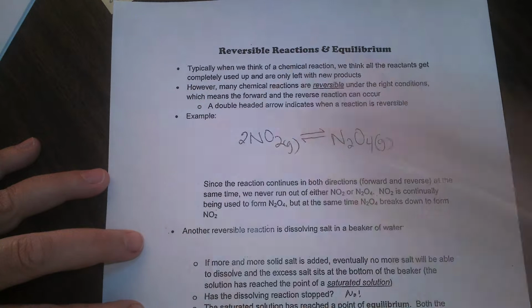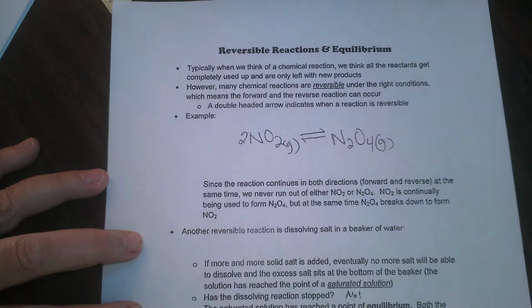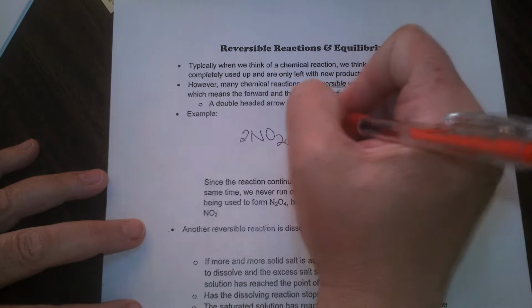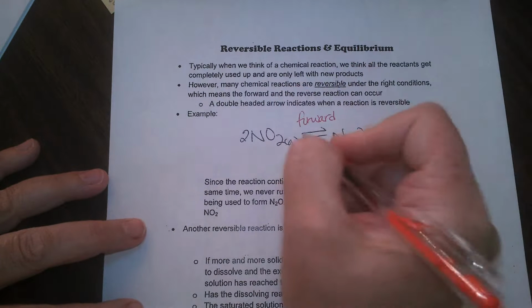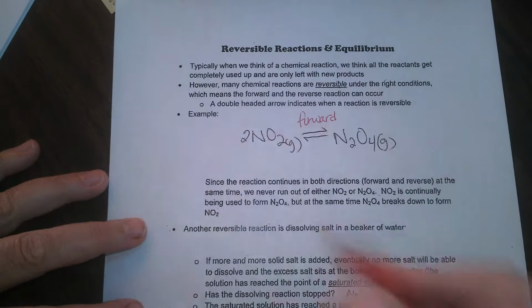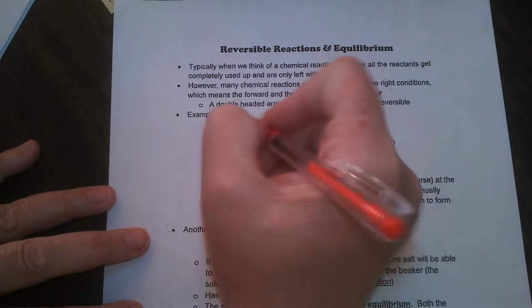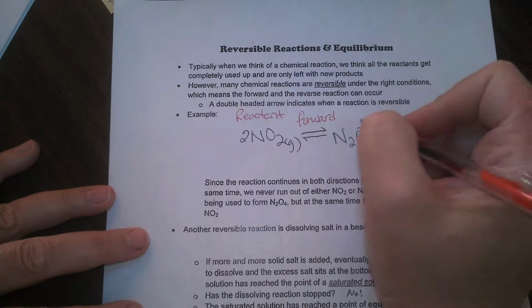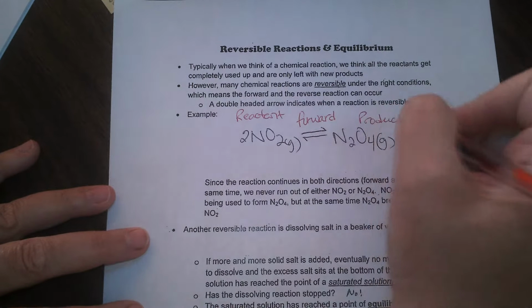Now, if we did a balanced reaction, we would put a 2 there. So in the forward reaction, because the arrow is indicating that we're going this way, NO2 is what we would call the reactant, and N2O4 would be what we call the product.